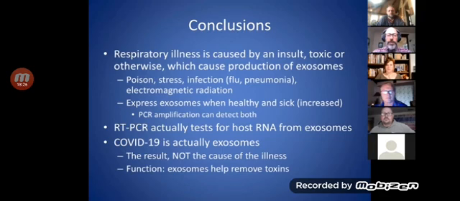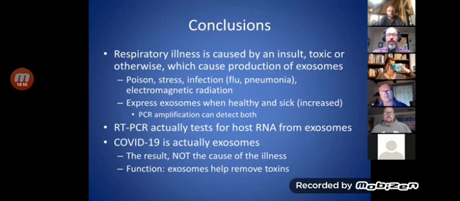However, there clearly are some people who are getting sick. What I believe is causing this illness is that there is some kind of insult that occurs that causes the damage, and then there is a reaction to it, which is the production of exosomes. And when we are testing for this supposed virus, we are actually testing for these exosomes, which confirms that there's some kind of unhealthy process going on in the body.